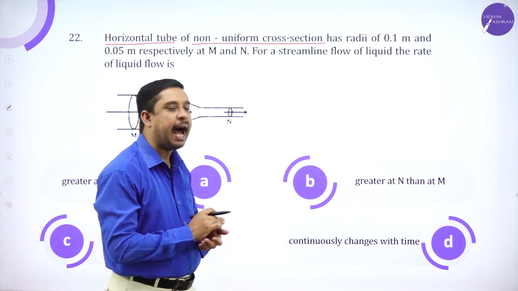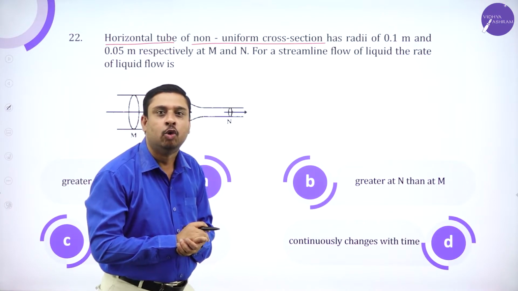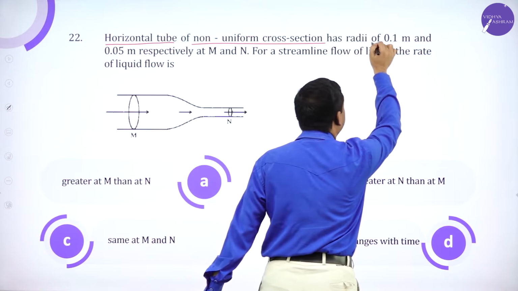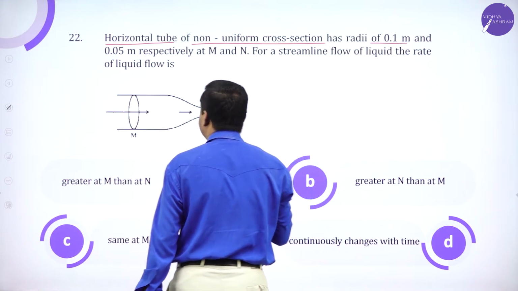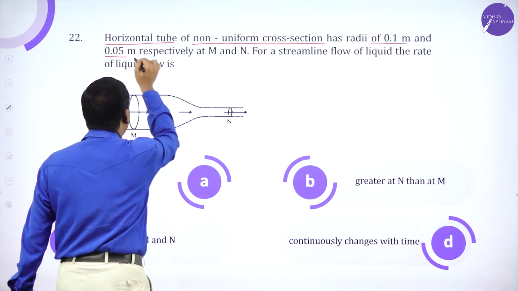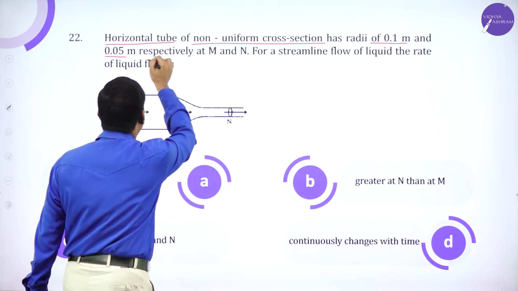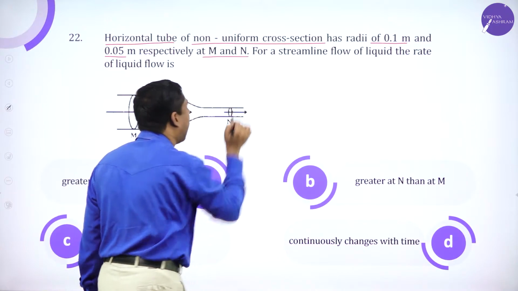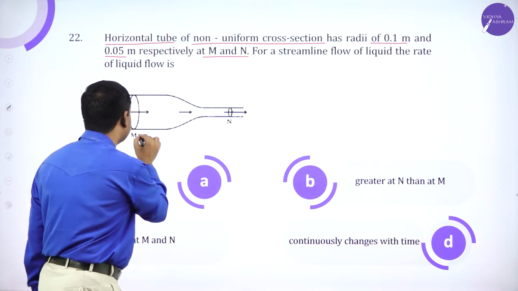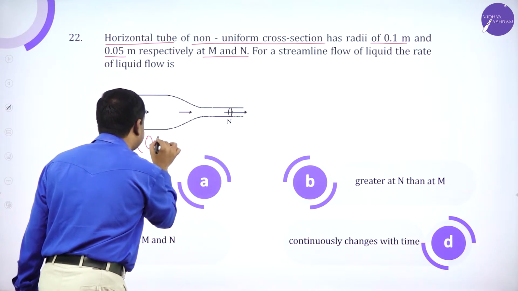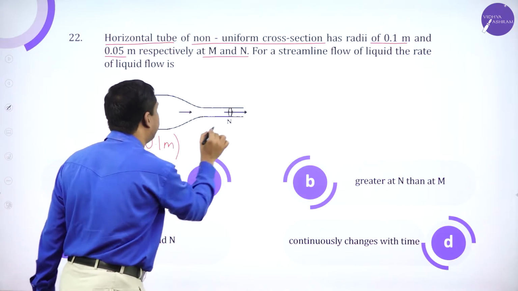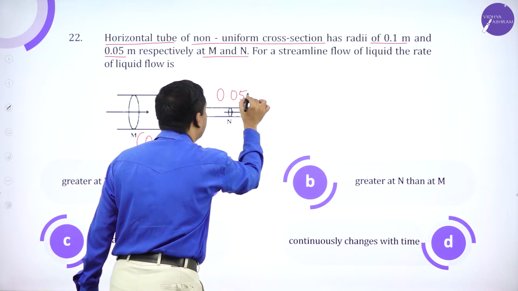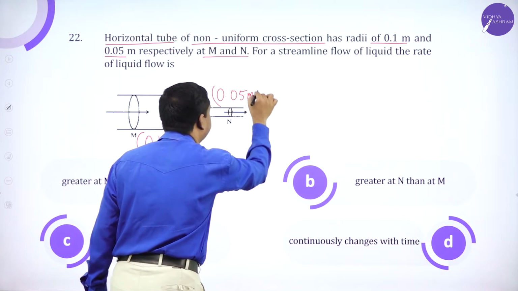The tube has non-uniform cross-sectional area and it has radius of 0.1 meter and 0.05 meter at M and N. So at M, the radius is 0.1 meter, at N 0.05 meter.